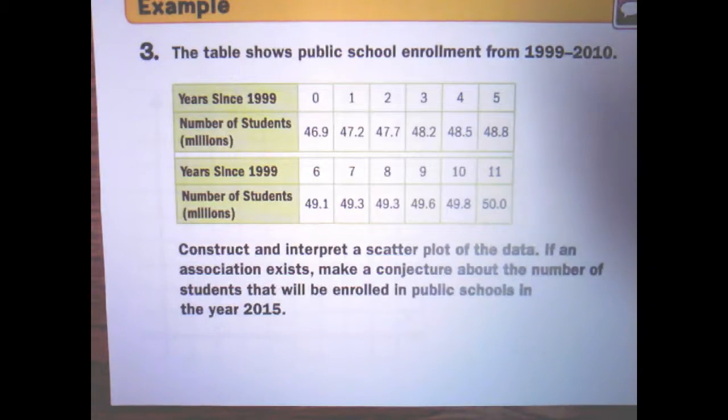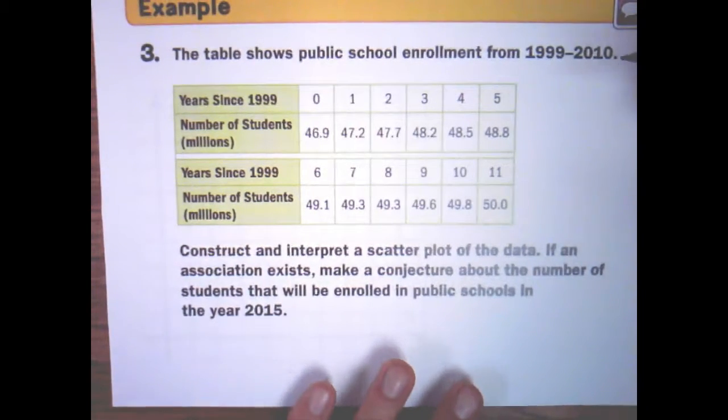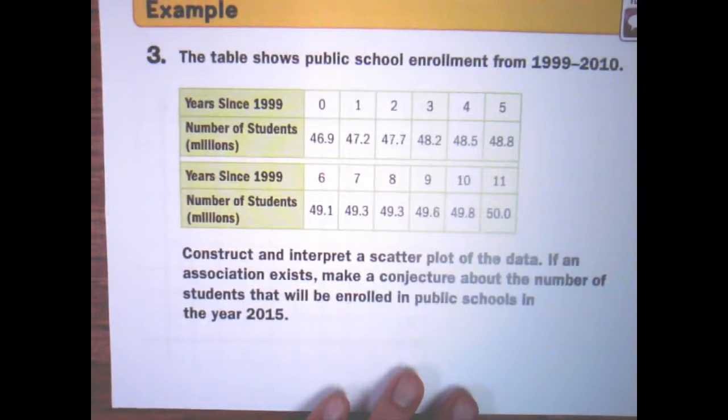If an association exists, make a conjecture about the number of students that will be enrolled in public schools in the year 2015. So a conjecture is a statement or a guess based on the information that we have. So here we're going to combine the last two examples and we're going to make a scatter plot, then interpret it, and then we're going to make a guess, and we're going to use this to predict the future essentially, or take a good guess at it.